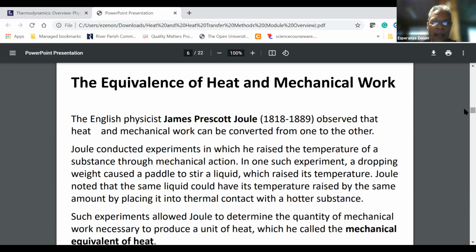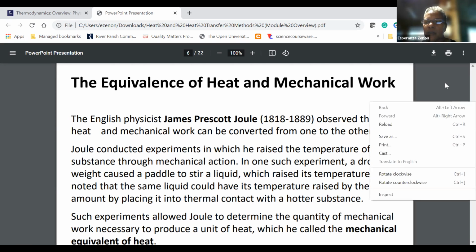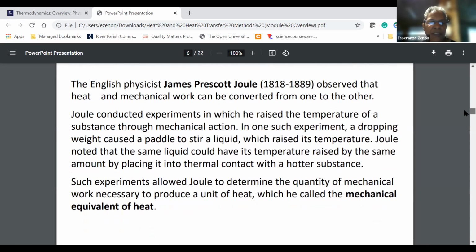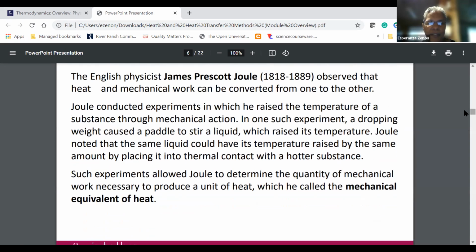Okay. Now, this relationship is pretty important that humans figured that out. This physicist James Prescott Joule was the one who figured out this relationship. And so the unit of heat is named for him. The unit for heat is the joule.